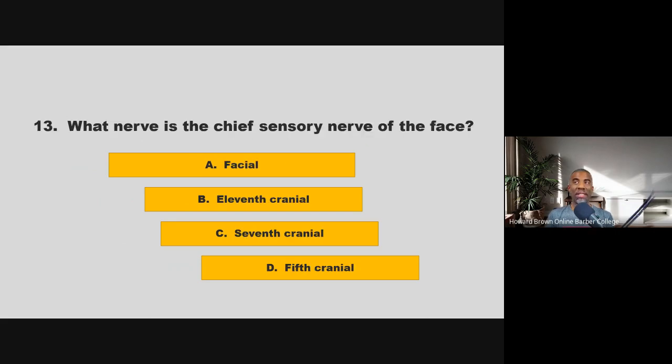What nerve is the chief sensory nerve of the face? Is it facial, 11th cranial, 7th cranial, or 5th cranial? If you chose D, 5th cranial, you are correct.